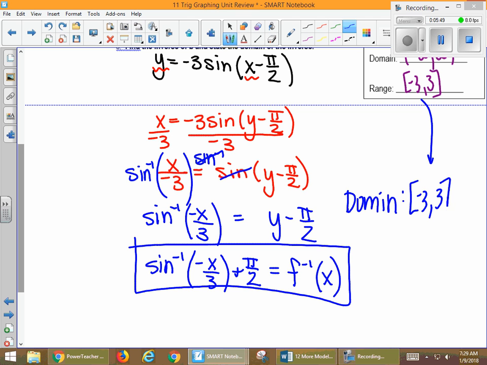I'm not going to be asking you for the range of the inverse without a calculator. That's something where you have to restrict the domain from the beginning, and I wouldn't expect you to do that without a calculator. But finding the domain of the inverse is absolutely reasonable. All right, so that is 3, B, and C.